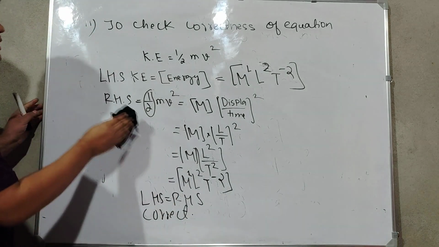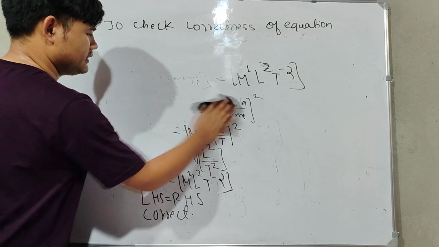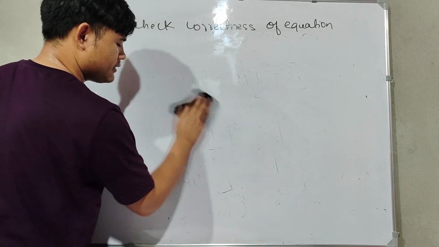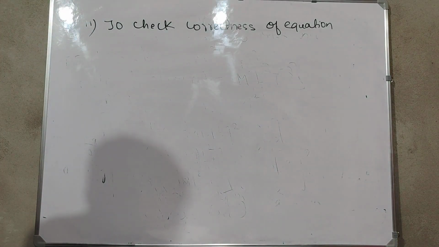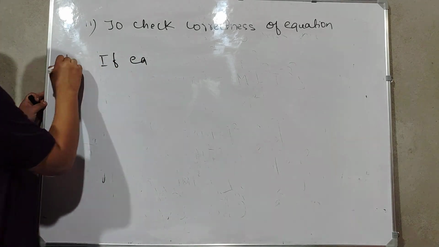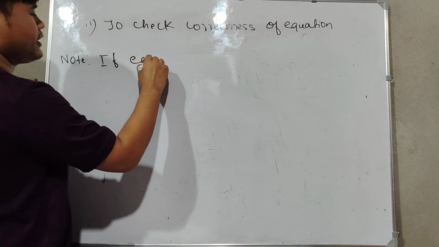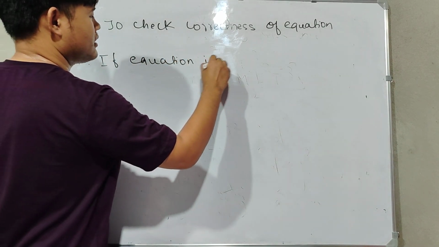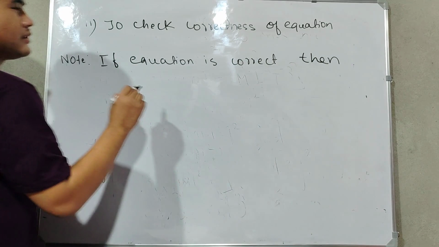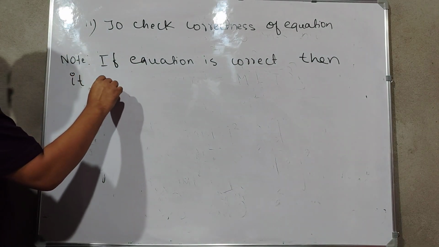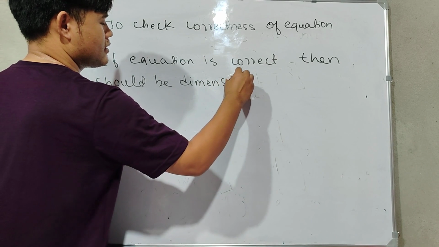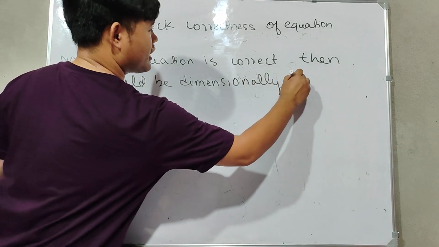Before that, you write one point which is very important. Note this point: if the equation is correct, then it should be dimensionally correct.